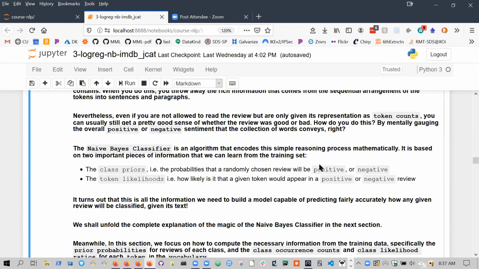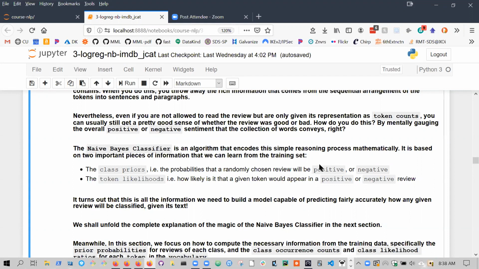So if I have 800 reviews as our training set, and I haven't looked yet at how many are positive and negative, but suppose that 500 were positive and 300 were negative, then the priors would be 5/8 for the chance that a randomly chosen review would be positive, and 3/8 for the chance that it would be negative, right?